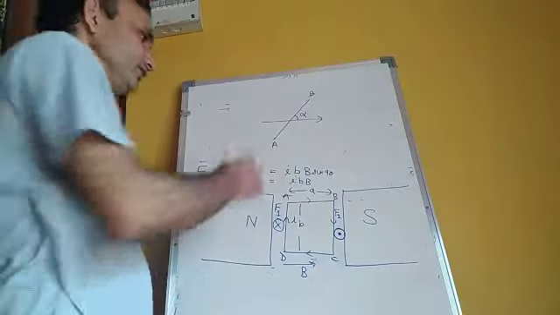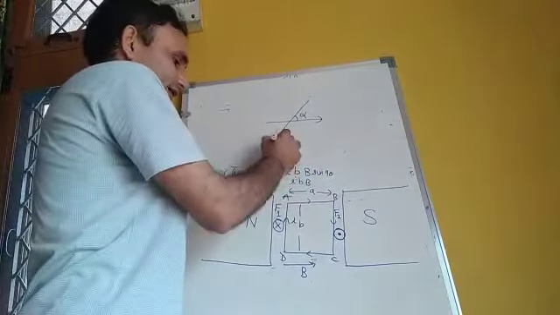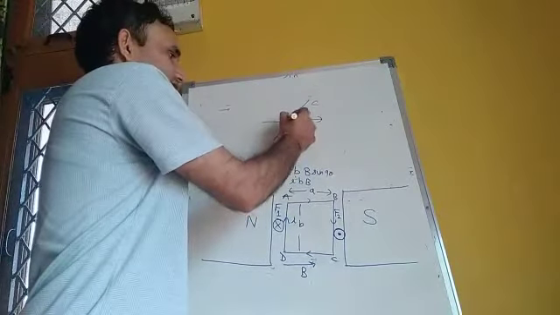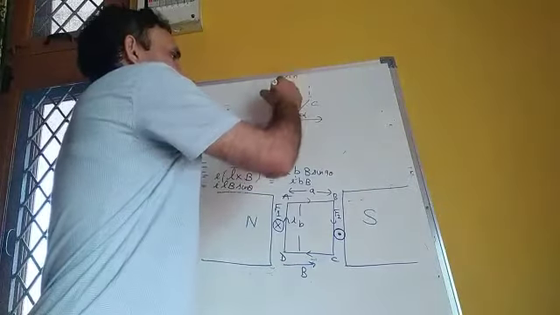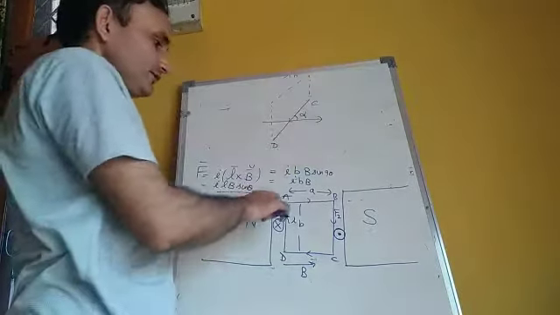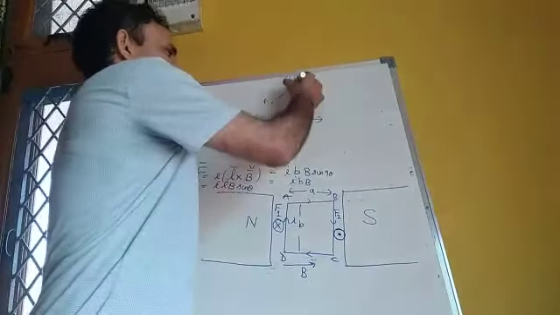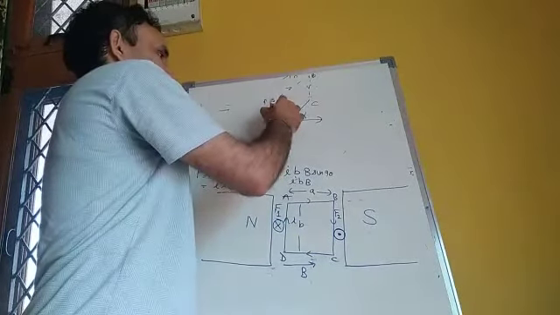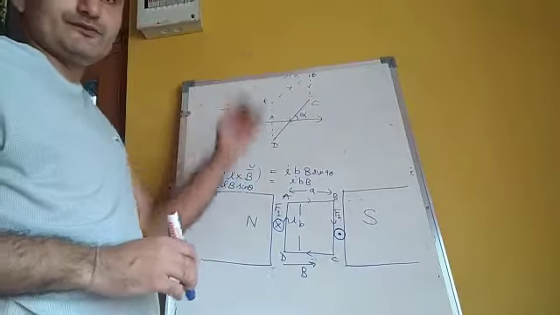Okay, now, let's make it D and let's make it C. And now this will be A and this will be B. So this is the bottom and this is the top.